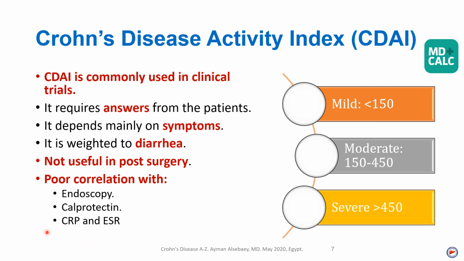Another new point is that when they did correlation between the CDAI and the endoscopy or calprotectin or the inflammatory markers like C-reactive protein and ESR, they found that there is poor correlation. Okay, this score you can easily calculate through the MDCalc website or the Android or mobile application.